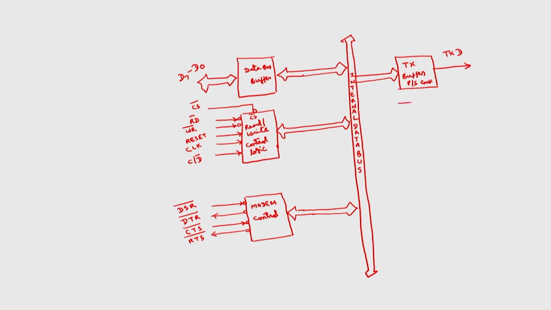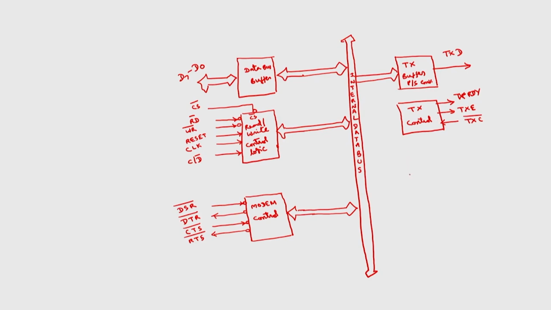Then we have transmitter control signals. We have 3 control signals corresponding to the transmitter. One is transmit ready. Whenever the transmitter is ready, it will inform the device through a signal, transmitter ready, TXRDY. If the transmitter is empty, this will be indicated through another signal called transmit empty. Then this transmitter will have a clock, the transmitter clock. This is going to decide the rate of transmission. This is an active low signal.